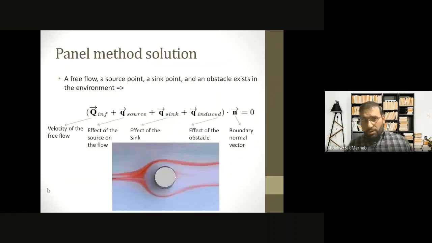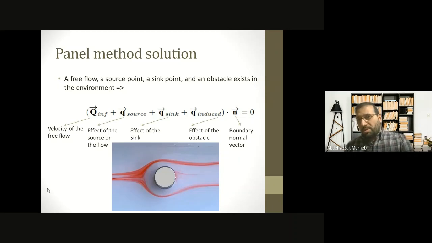As you can see here, we have applied the boundary condition. So the effect of the free flow, the source found in the environment, the sink point in the environment, and the obstacle, dotted with the boundary normal vector, will be equal to 0. Here we know all the vectors except the Q induced, which is the effect of the obstacle on the flow, and thus using simple matrix inversion, we will be able to find Q induced.